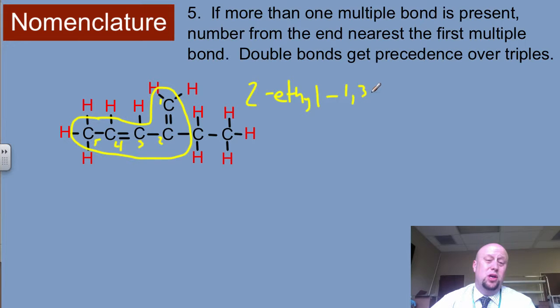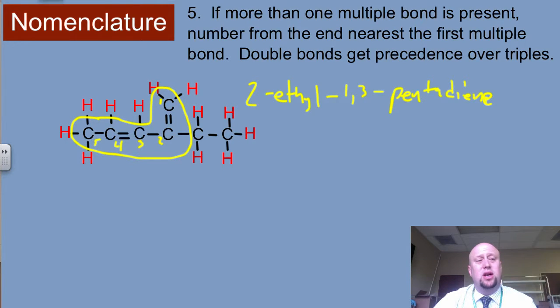Remember, separate the numbers with a comma just like you did when you were doing a dimethyl or something like that. And so that then is a pentadiene. And you're like, would I put a tri in there? You absolutely would if you were doing that same thing. Okay, so 2-ethyl-1,3-pentadiene would be our correct IUPAC name for this particular molecule.